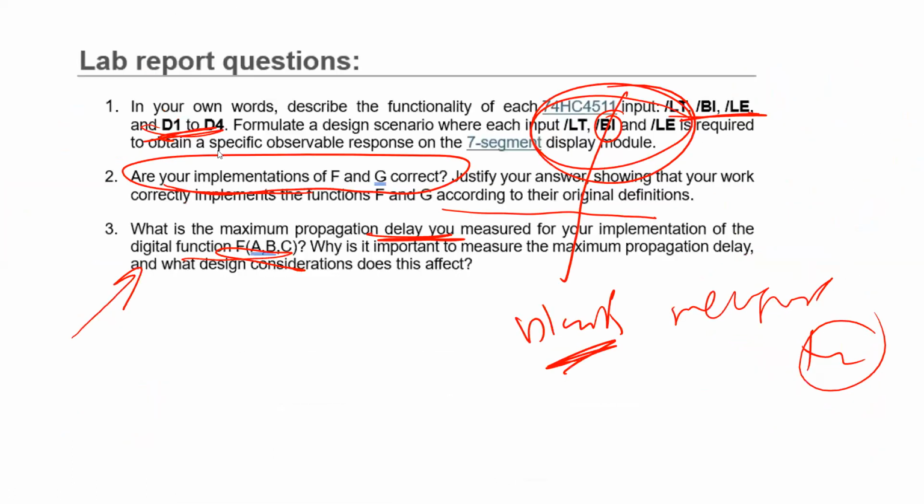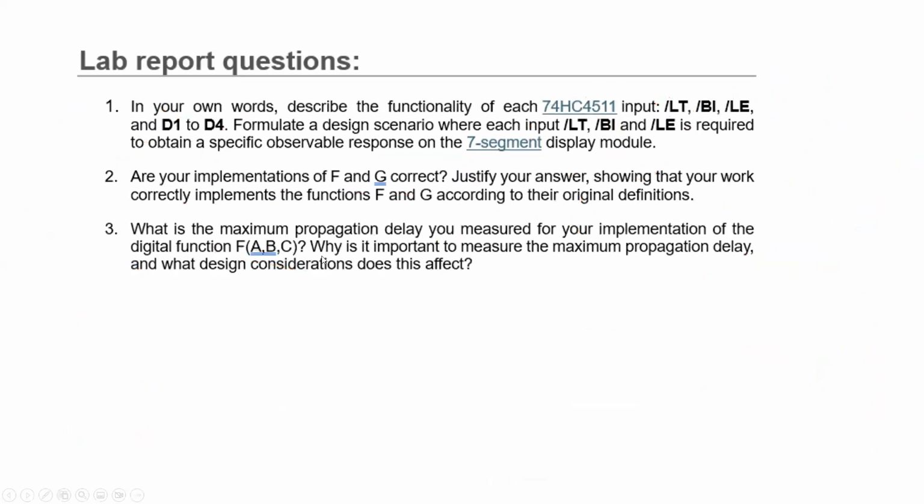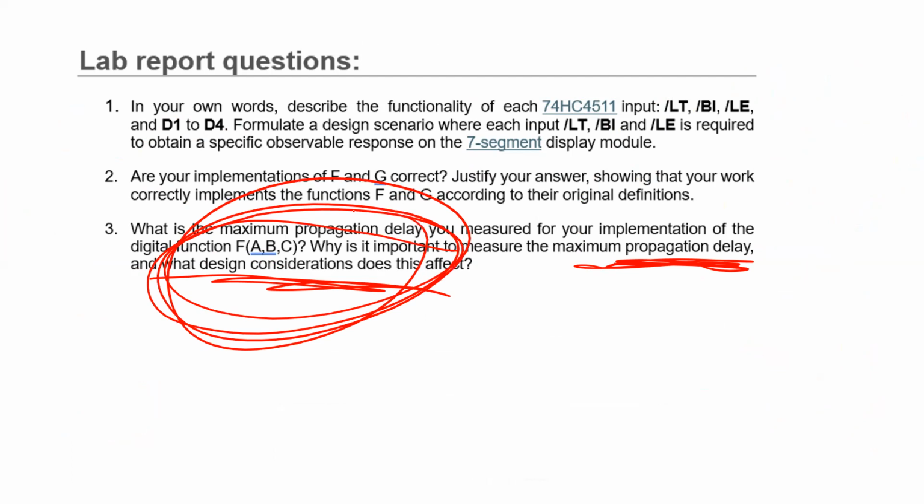Then at the end here, I'm asking you why such propagation delays are important, and why they have some impact on the design considerations. As I told you before, these delays can determine the maximum operating frequency, the maximum frequency for the input. Very simple, you can't just make the input change very quickly.